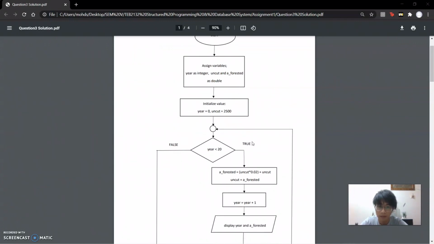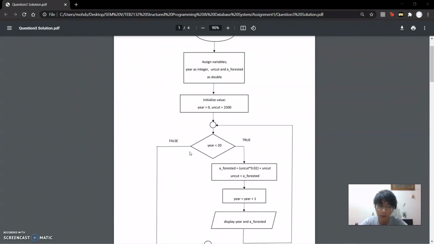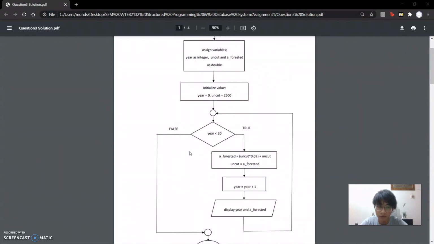And then this is where the decision making comes. As long as the year haven't reached 20, the statement will keeps on being true, because the statement is year is less than 20.